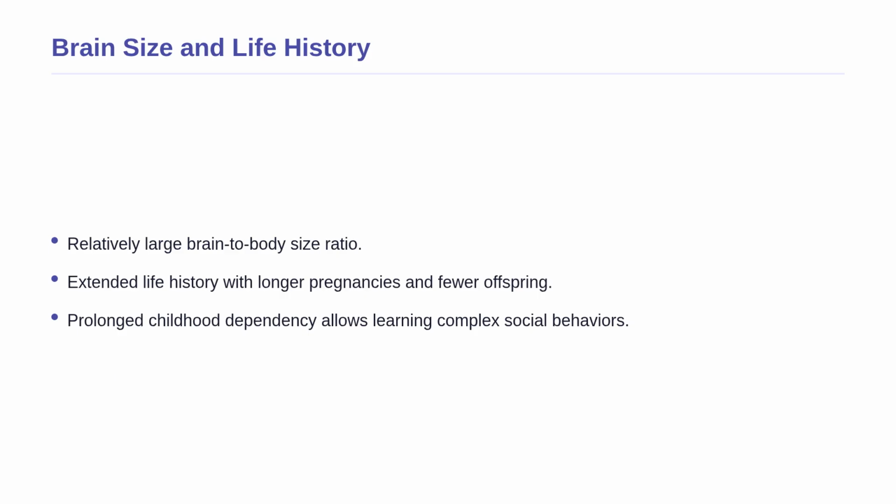This means primates typically have longer pregnancies, give birth to fewer offspring at a time, and experience a prolonged period of childhood dependency. This extended childhood is absolutely critical. It provides the necessary time for young primates to learn complex social behaviors, survival skills, and environmental navigation from their parents and community before they have to survive on their own.